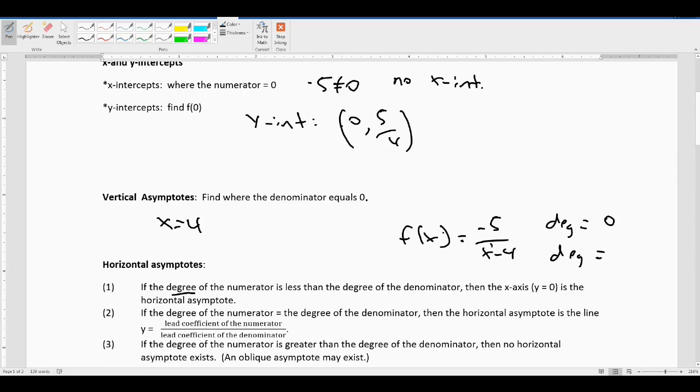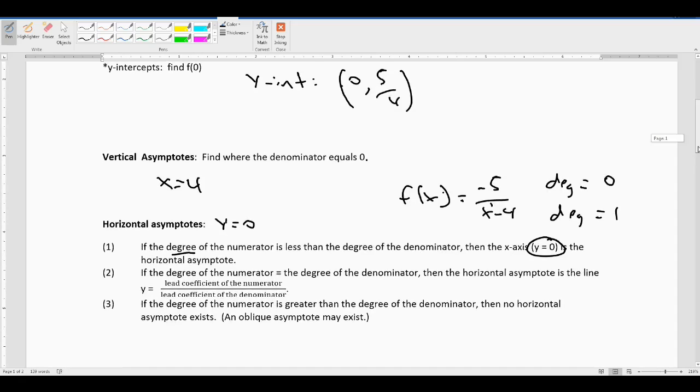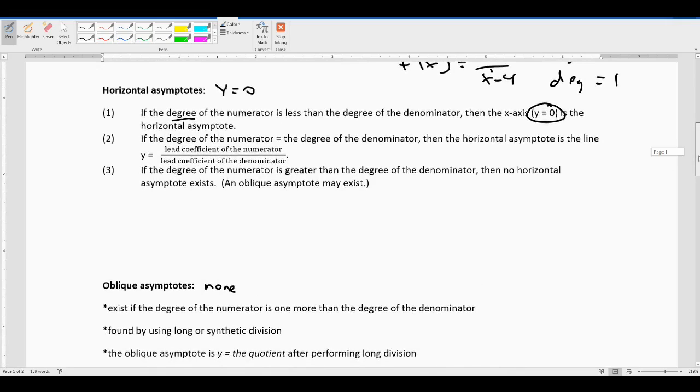Then here the x has an exponent of 1, so that's the degree of the denominator. Since 0 is less than 1, the top is less than the bottom. That means y equals 0 is the horizontal asymptote, which also means that we do not have an oblique asymptote. For it to have an oblique, the numerator has to be greater than the denominator by 1 degree.